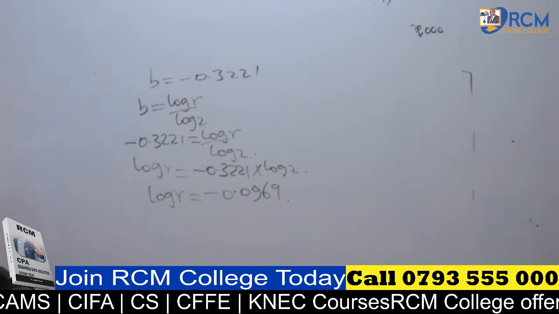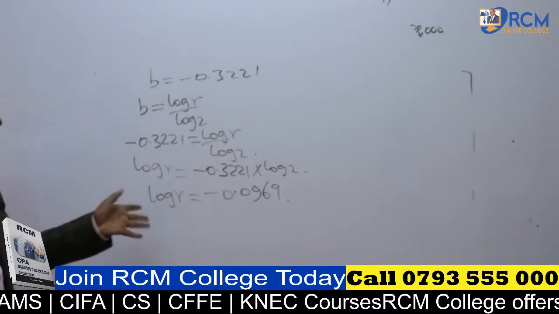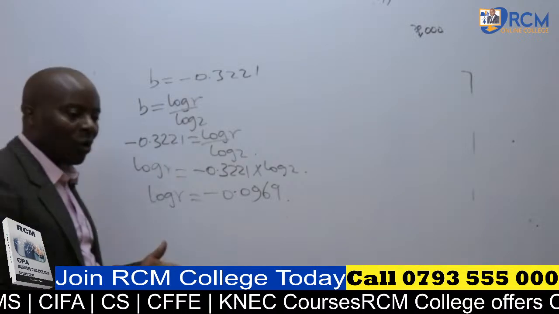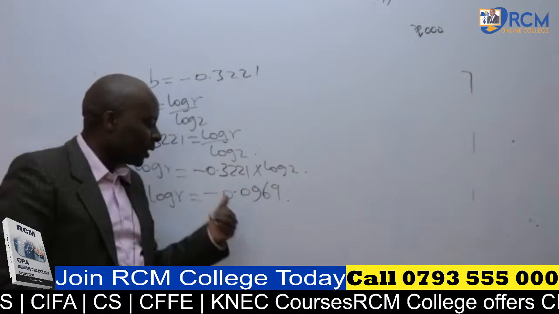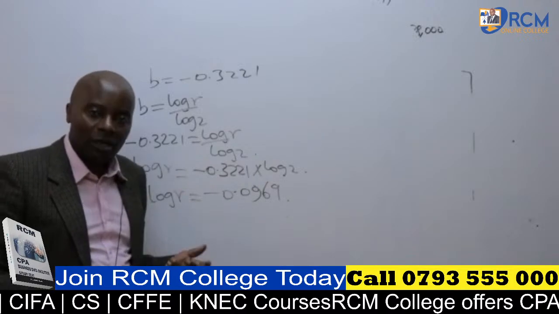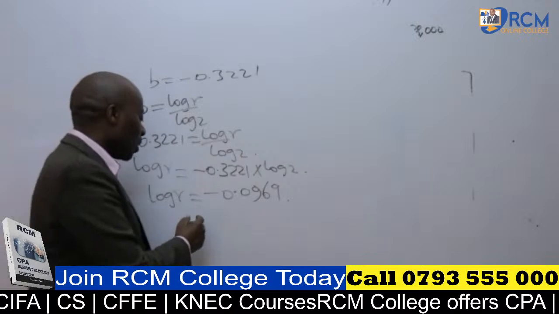Now, ladies and gentlemen, remember, we don't want log R. We want R itself. So how do we get this R? Somebody told me in our yesterday's class that to change log R to R alone, I'll need to get what we call an antilog. So use the antilog approach.